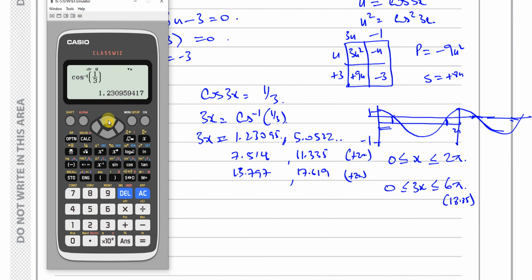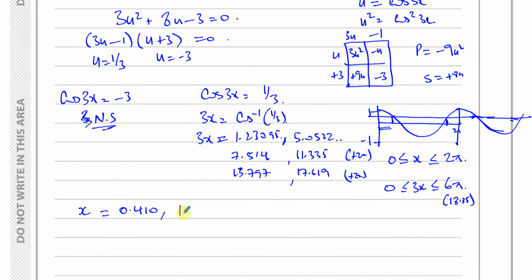And the other solution, I'll do them in order, 5.0522 divided by 3. That gives us 1.68 to 3SF.